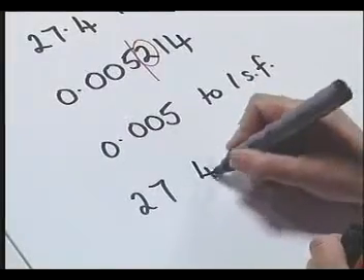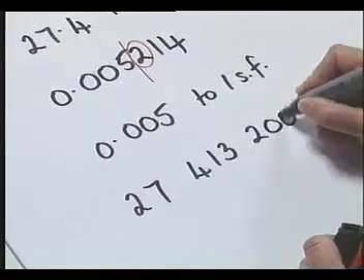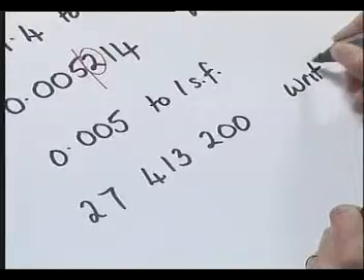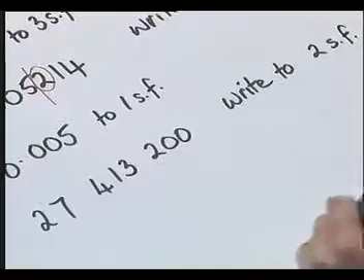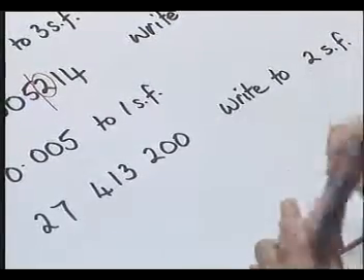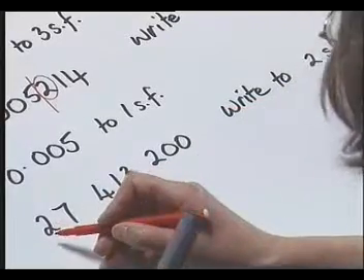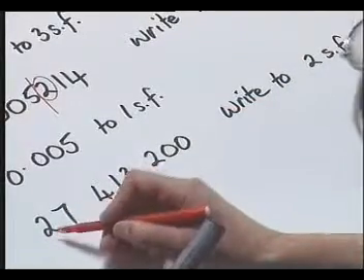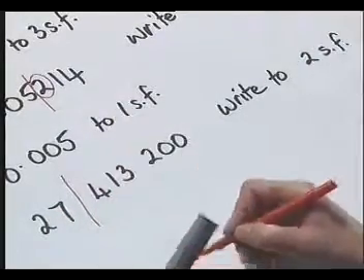Let's look at one more example, this time a big number, 27,413,200. And we're going to write this one to 2 significant figures. So, where am I going to put my line? I go to the left-hand end, the largest digit that's not 0, and I count 2. 1, 2, there's my line.